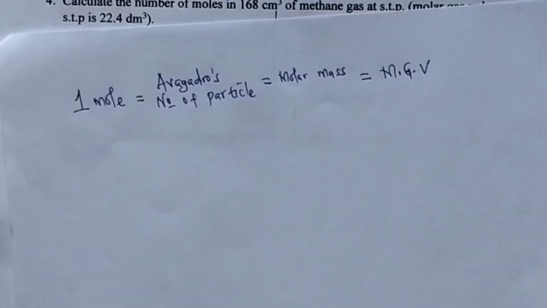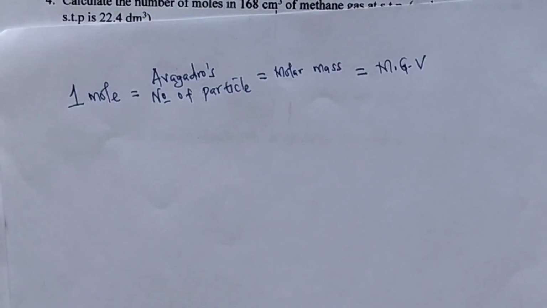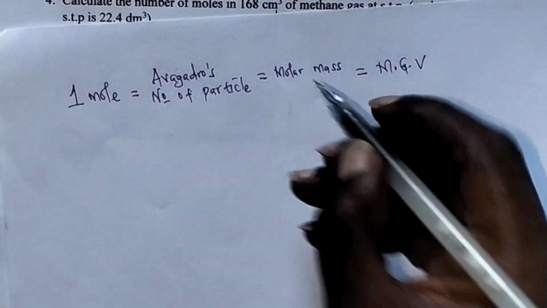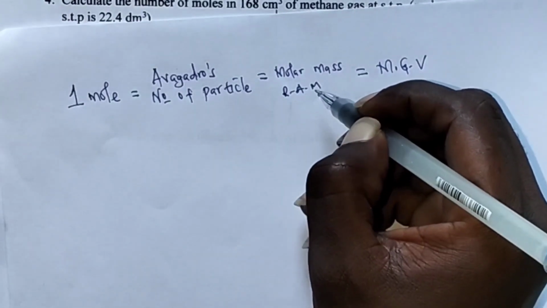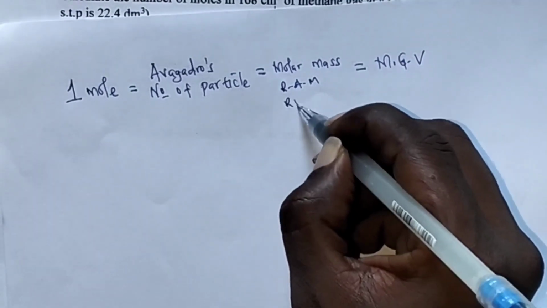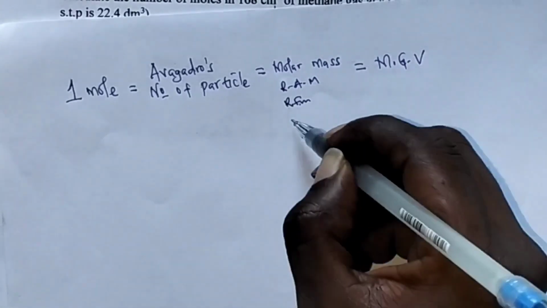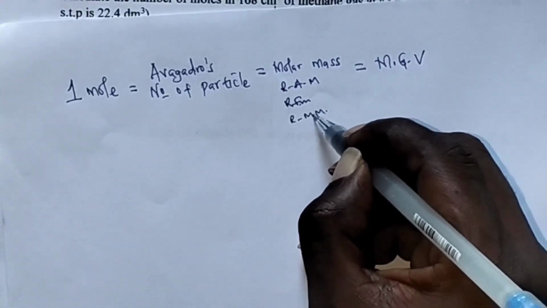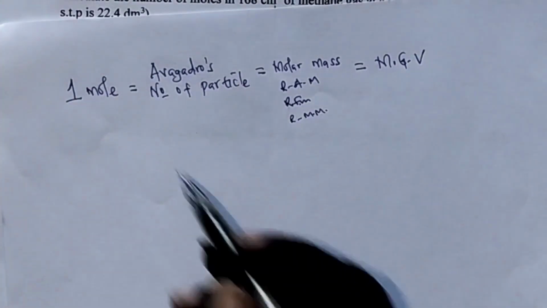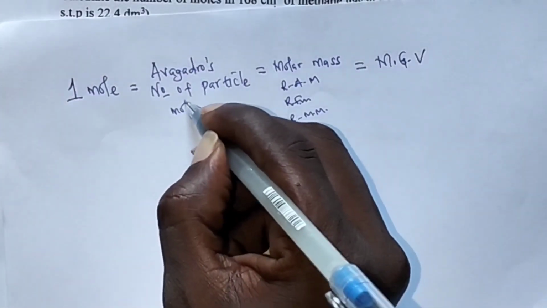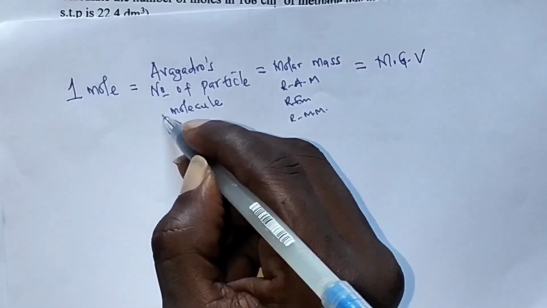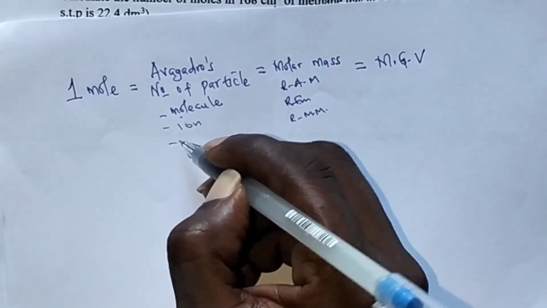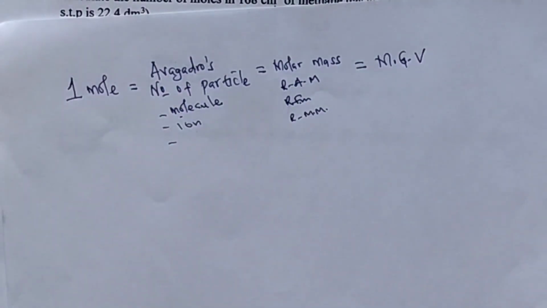So this molar gas volume can be at STB or at RTB. This molecular mass can be RAM if you are dealing with the relative atomic mass of an element, or RFM if you are dealing with a compound, or RMM if you are dealing with a molecule. So this number of particles can be a molecule, or it can be an ion, or it can be an electron, and so on.